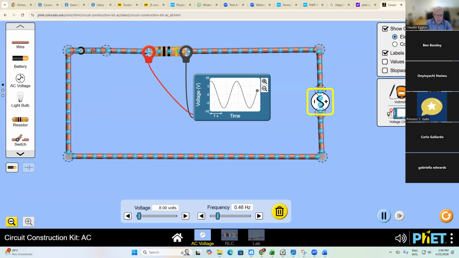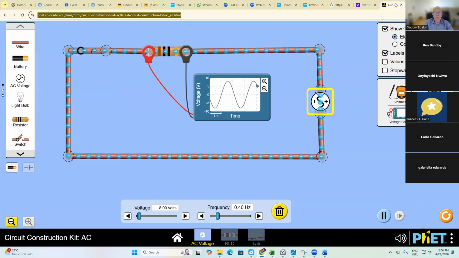Check this AC circuit simulator. That's just one of the simulations that you have. You might want to look at others as well to understand circuits.